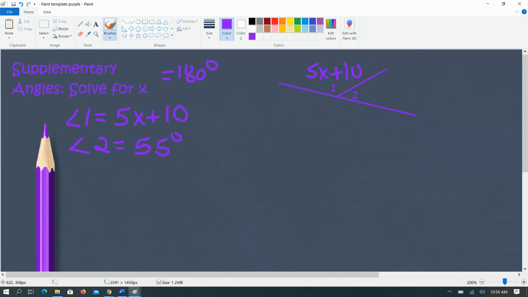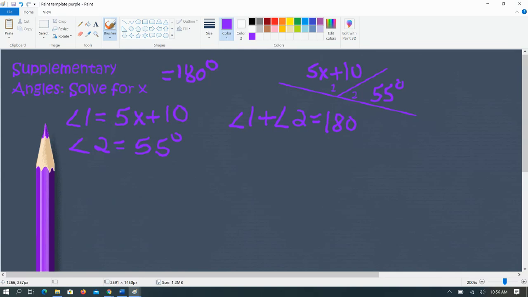So 55 degrees for angle 2. So now I need to look at what I have. I have angle 1 and angle 2, and I know that my supplementary angles, angle 1 plus angle 2, will have to equal 180 because the measure of a straight line is 180 degrees.